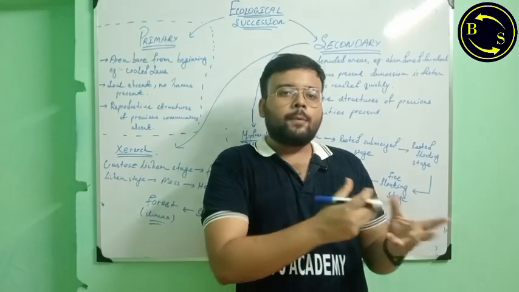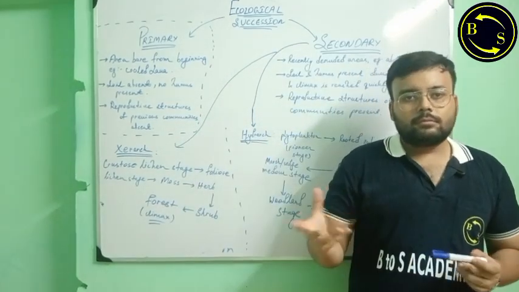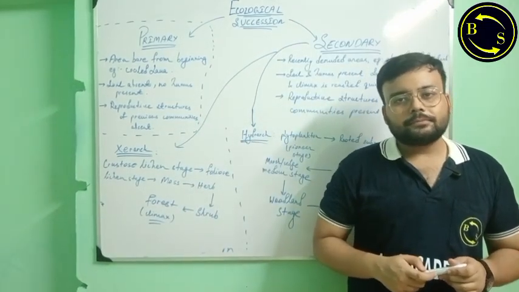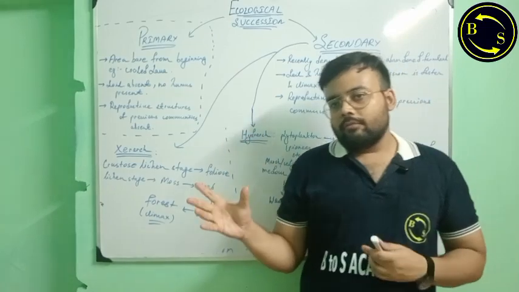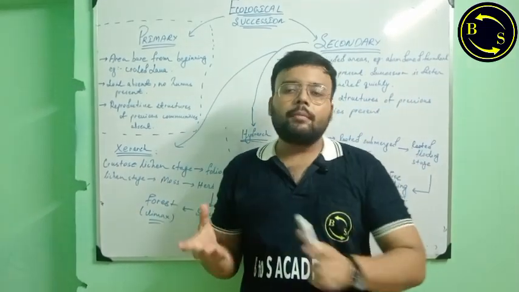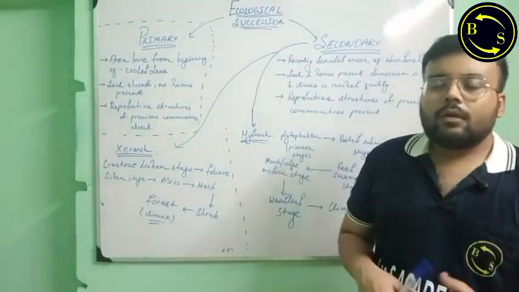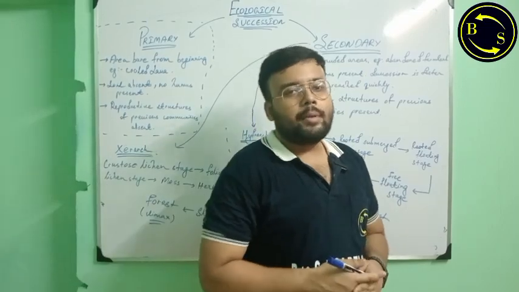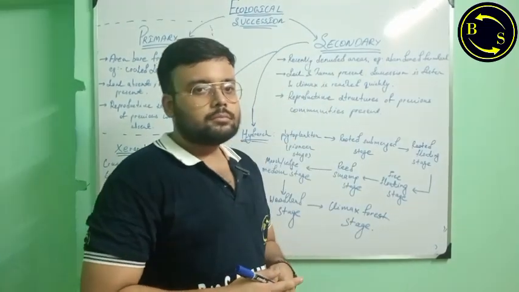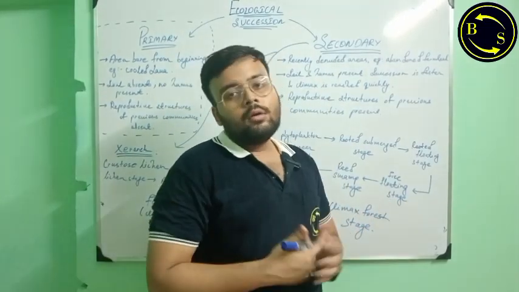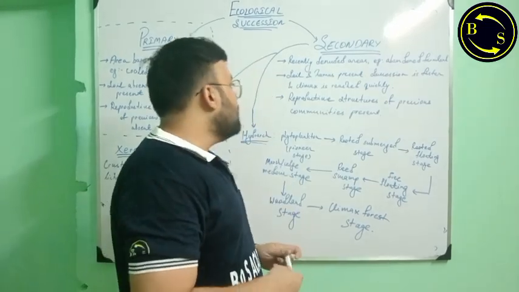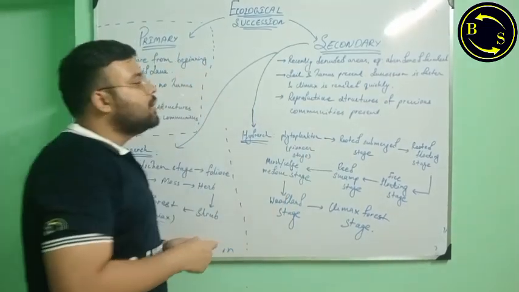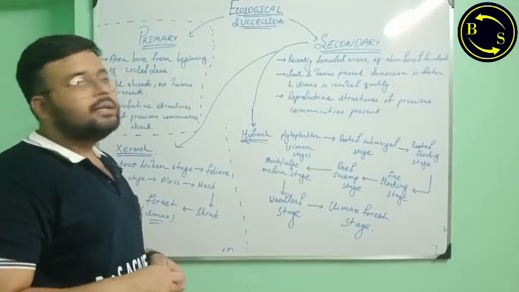Some plant with a flower may also be present, in which a pollen from another area may be transferred. Root systems of different plants may be present, which may again grow vegetatively. So, reproductive structures of previous communities are present in case of secondary succession.